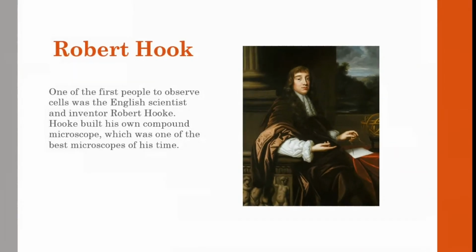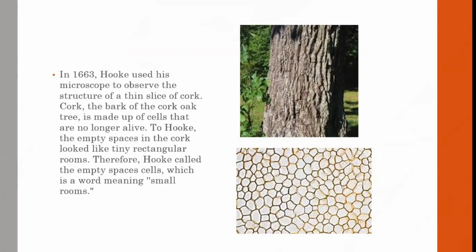Robert Hooke. One of the first people to observe cells was the English scientist and inventor Robert Hooke. Hooke built his own compound microscope, which was one of the best microscopes of his time. In 1663, Hooke used his microscope to observe the structure of a thin slice of cork.